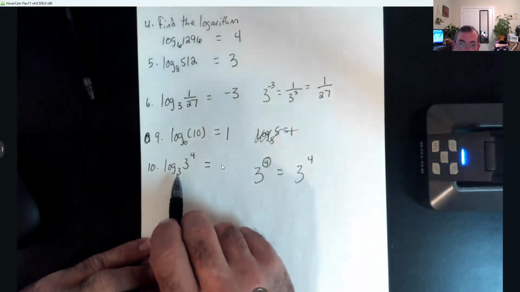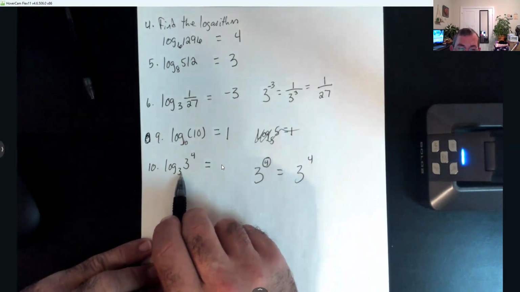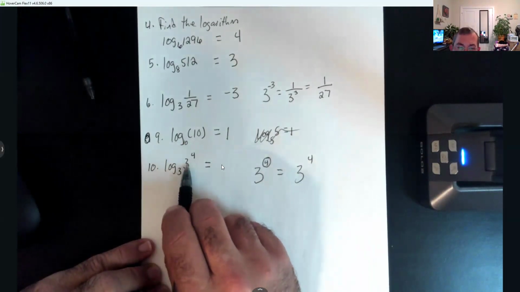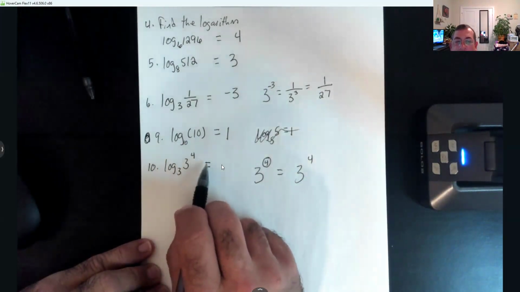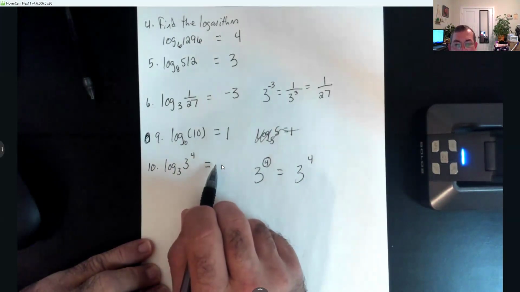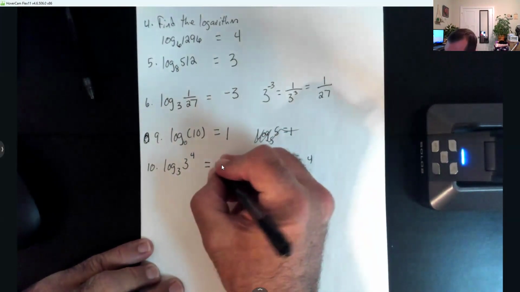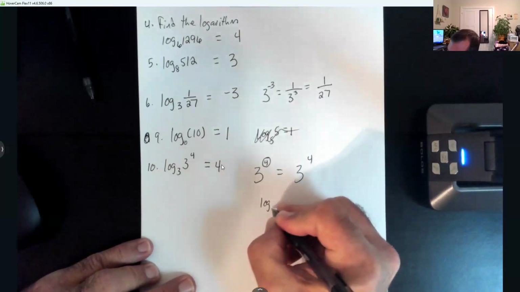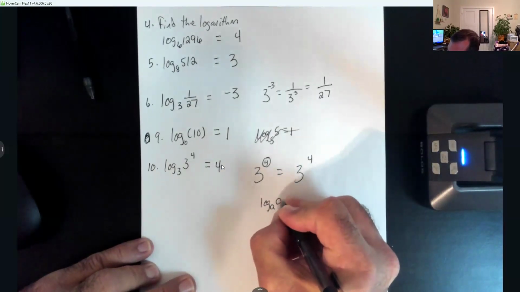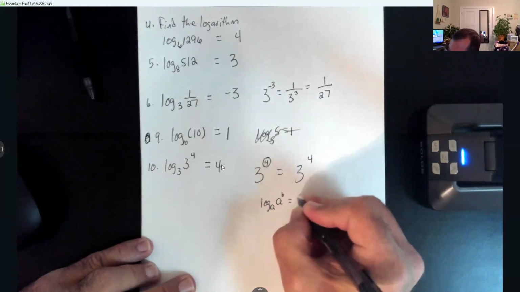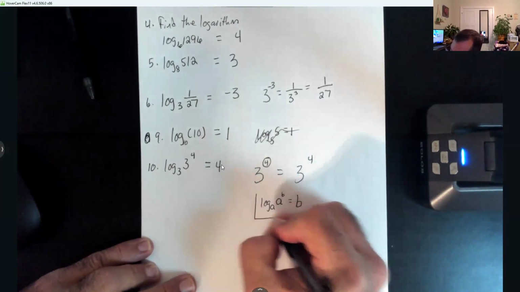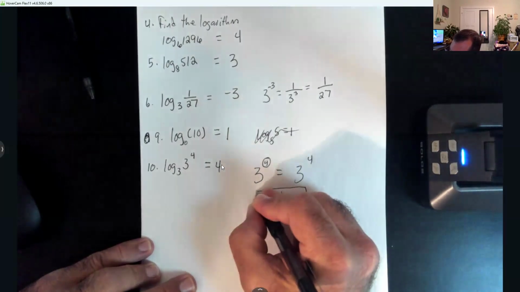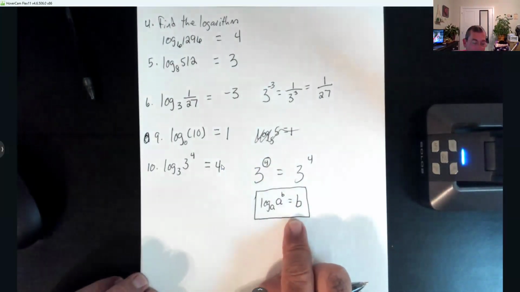But check this out: if the base matches the base raised to an exponent, the answer is always the exponent. So log base A of A to the B will always equal B. That's a property you've got to know.